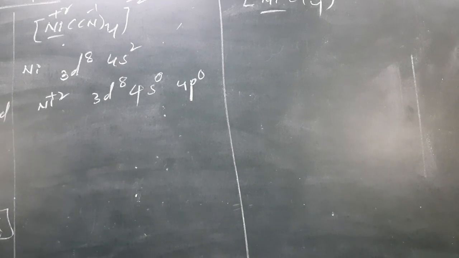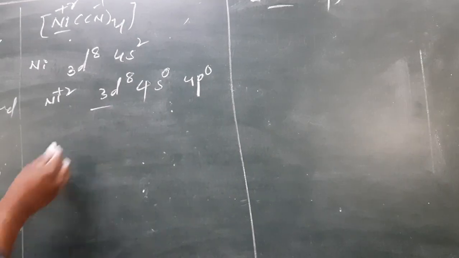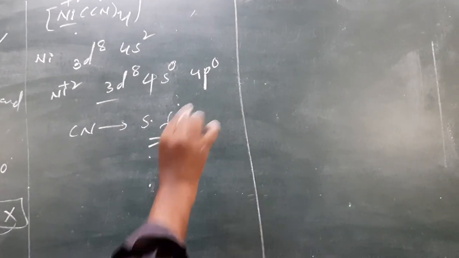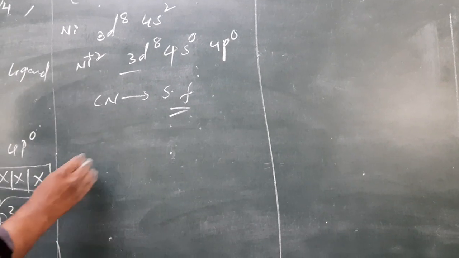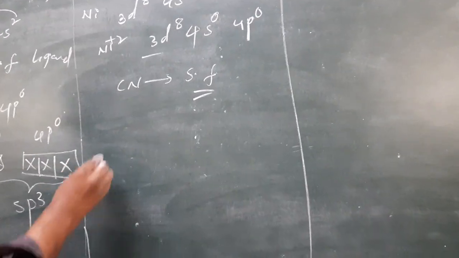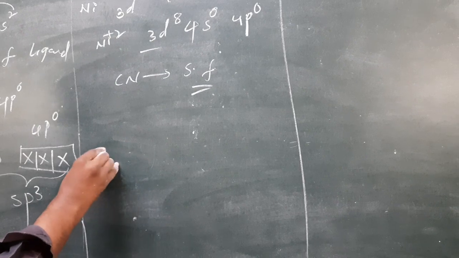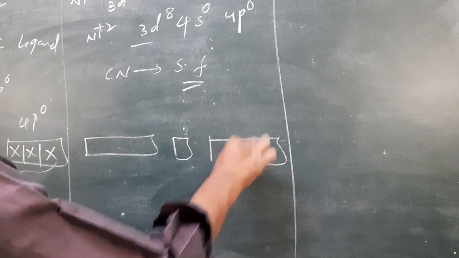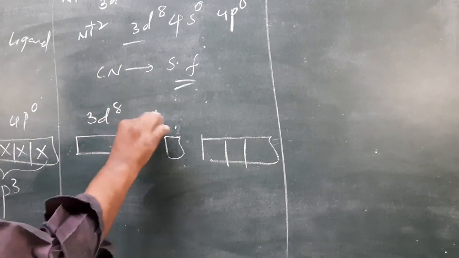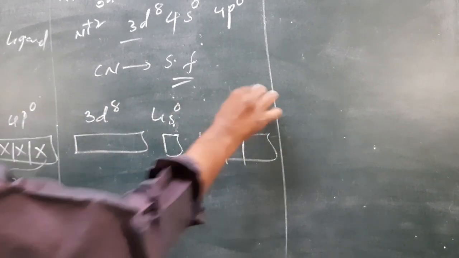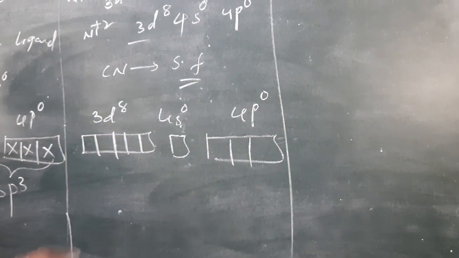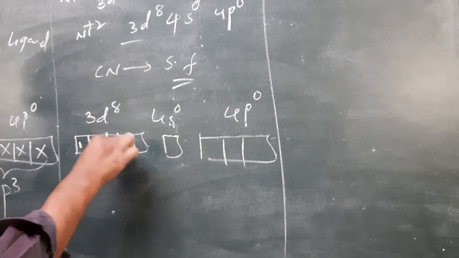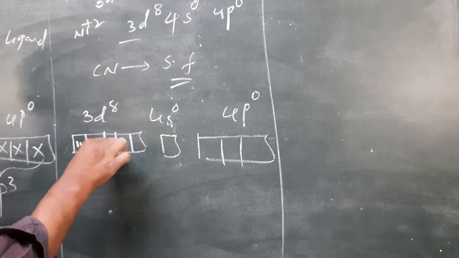Here cyanide is also a strong field ligand, so all electrons must be paired in 3d8.